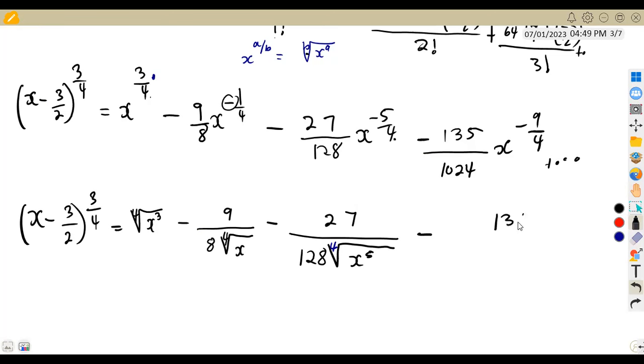So it is going to be 135 over 1024. The moment we have it as x to the exponent of 9 over 4, we are applying this same law. So it's the 4th root, in this case, of x to the exponent of 9. All right. So normally on your formula sheet, they will just write the answer like this.